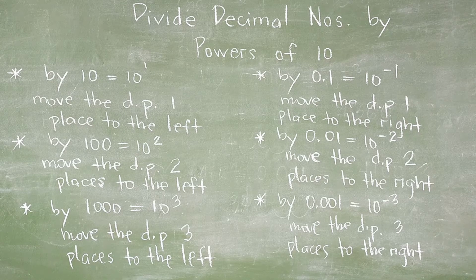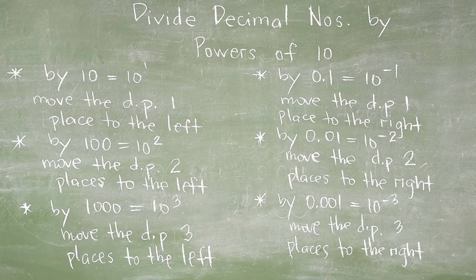Again, to sum up, if you are going to divide decimal numbers by powers of 10, specifically by 10 or 10 to the 1 power, move the decimal point one place to the left. If it is divided by 100 or 10 to the second power, move the decimal point 2 places to the left.